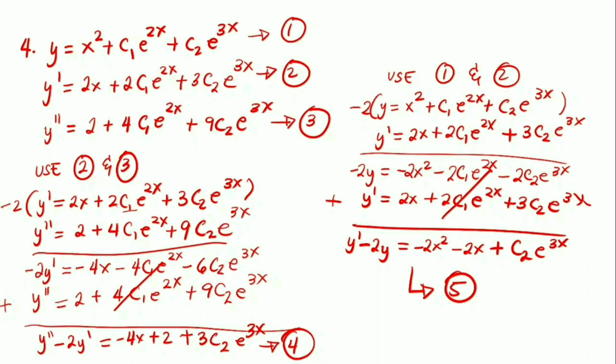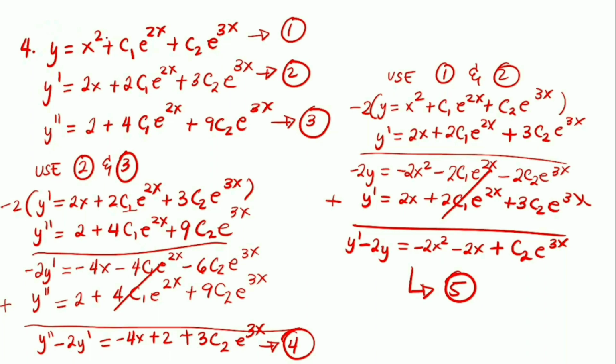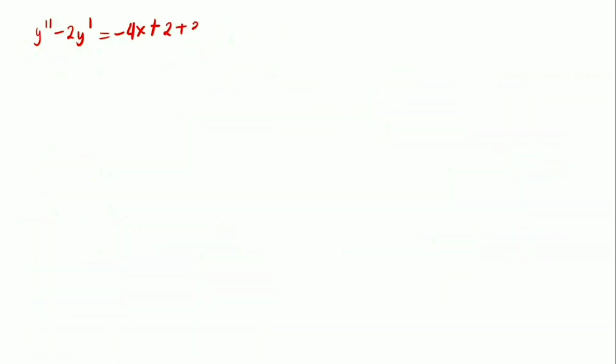So next, ang equation 4 natin is y double prime minus 2y prime is equals to negative 4x plus 2 plus 3c sub 2 e raised to 3x.